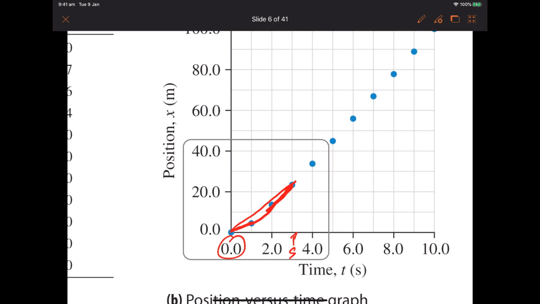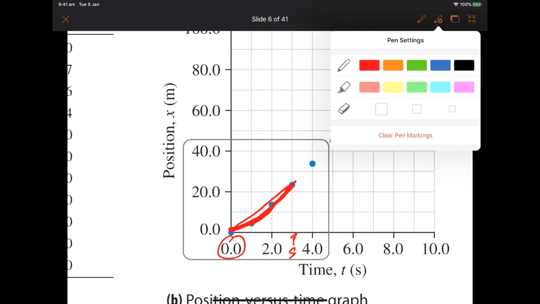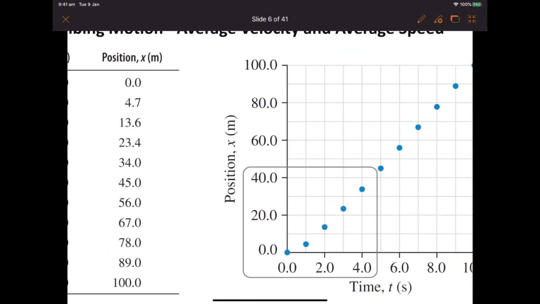You lose this bit of information, totally lost. So in order to know more about the motion, you want to make the average interval shorter and shorter. The more data you get, the shorter the time interval, the more you know about the motion. So this is the basic idea about motion.